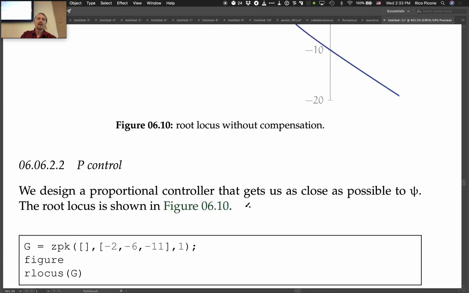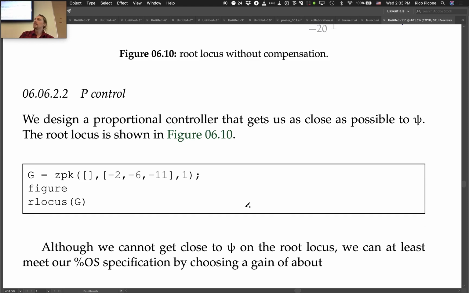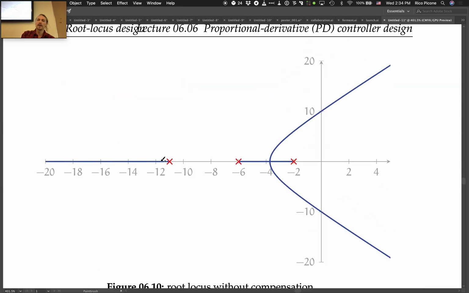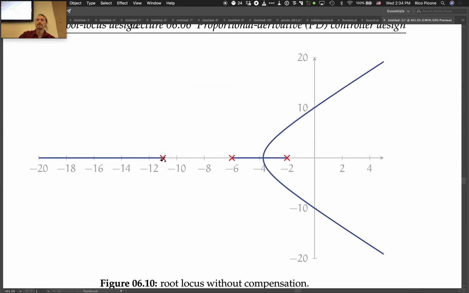Now, we're going to do P control. Let's see if we can get to that test point using P control. So define our open loop transfer function using ZPK. Had those three poles, -2, -6, and -11. Open a figure, use our locus, gives us a figure that looks like this.